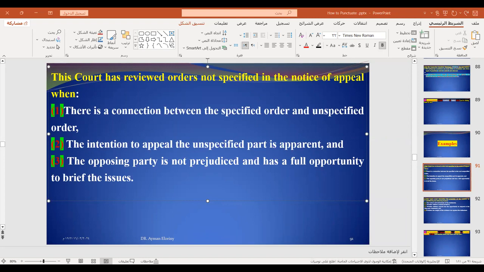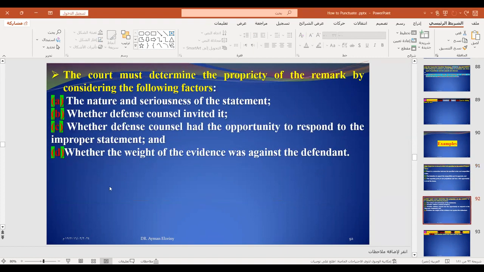Another example: the court must determine the propriety of the remark by considering the following factors. Okay, following factors, A, B, C, D. The nature and seriousness of the statement, whether defense counsel invited it, whether defense counsel had the opportunity to respond to the improper statement, whether the weight of the evidence was against the defendant.